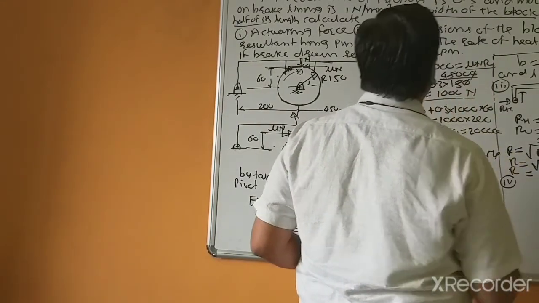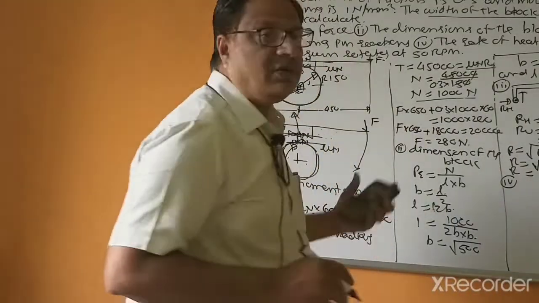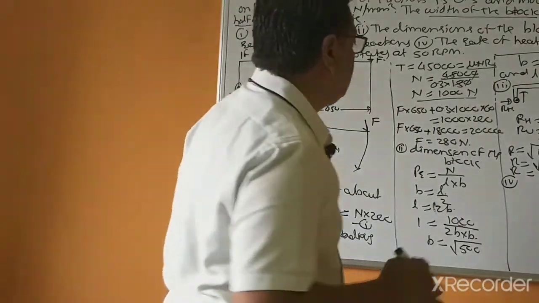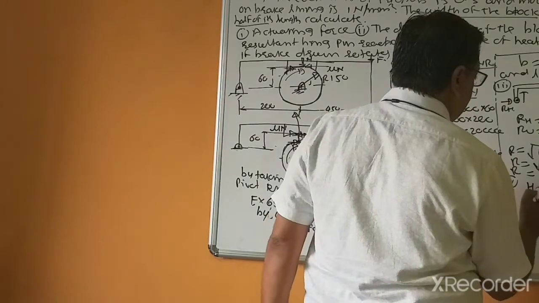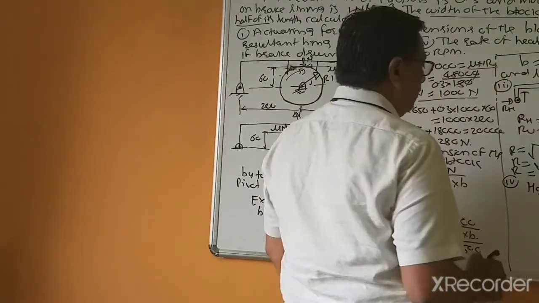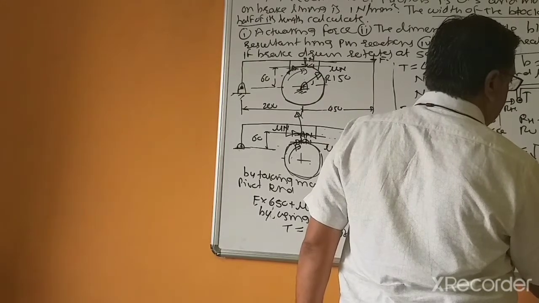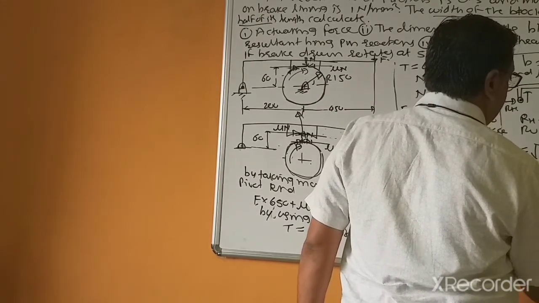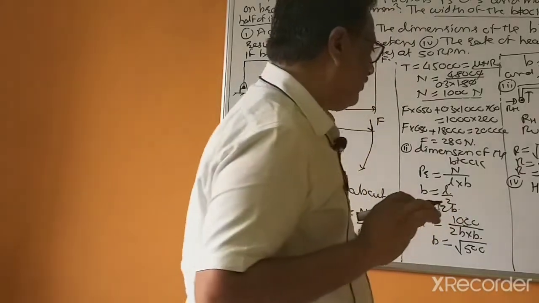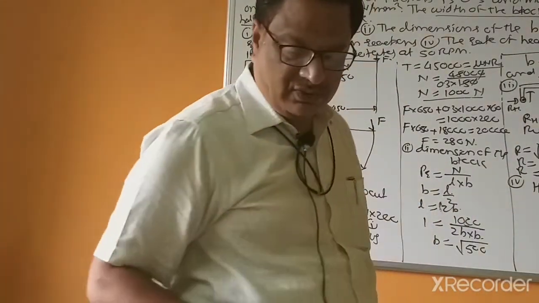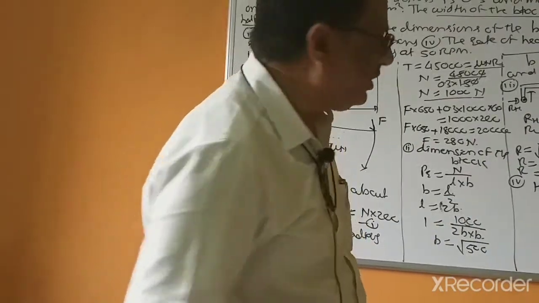And the last bit, the fourth, is the rate of heat generation. The rate of heat generation Hg equals frictional force mu N multiplied by average velocity. This is the formula.